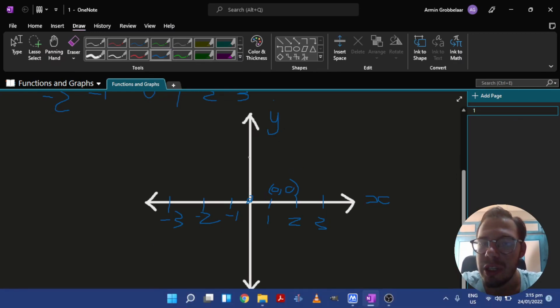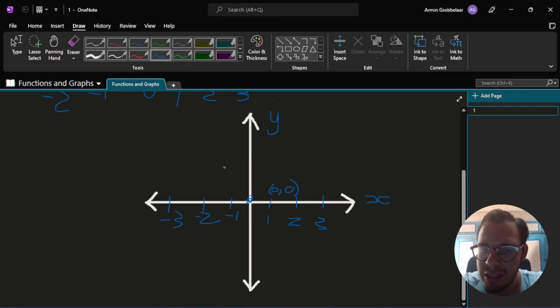Then for the vertical y-axis, on the top we have positive numbers. So here we'll have 1, then 2, and then 3. Then at the bottom here we'll have -1, -2, and maybe -3. And this also just goes on in each direction.